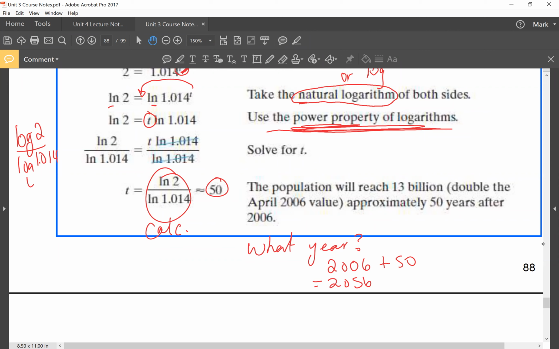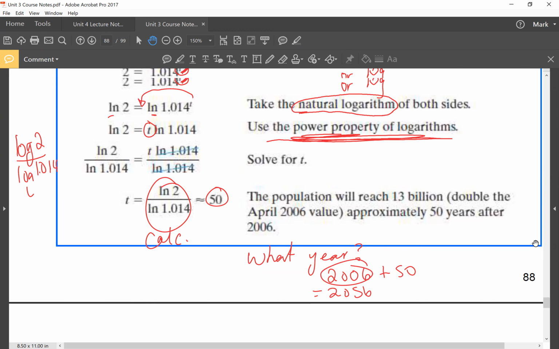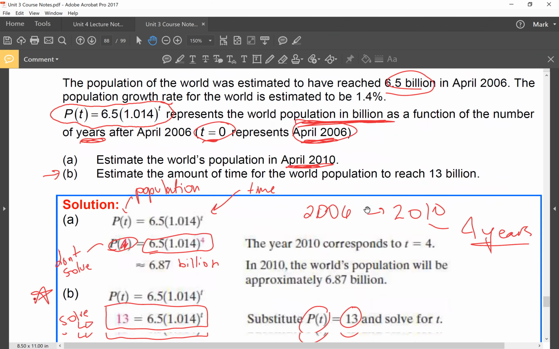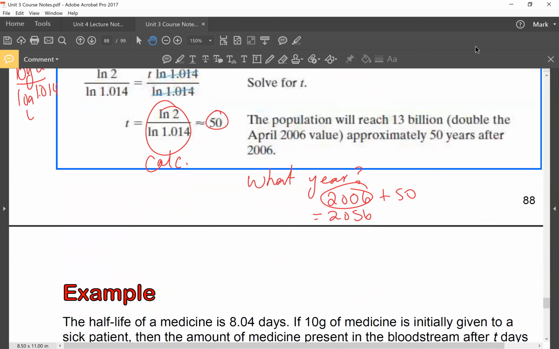If the question says, how many years would it take to reach 13 billion? 50 years. If the question said, in what year will it be 13 billion, you would say it would be 13 billion in 2056. And if you're wondering where I got 2006, that's where we're starting. When t is no time, it's 2006. When t equals 50, it's 2056.